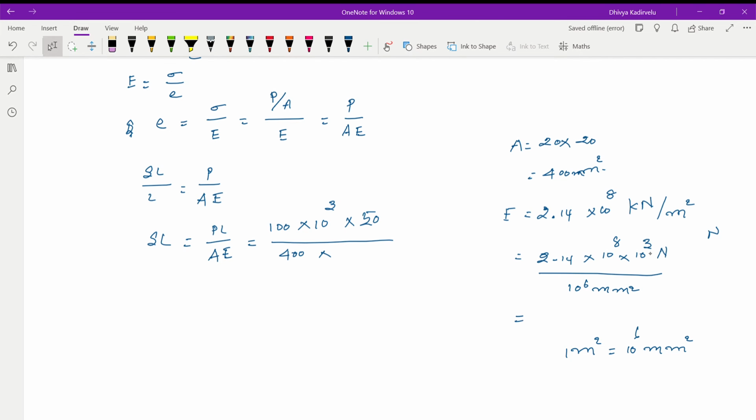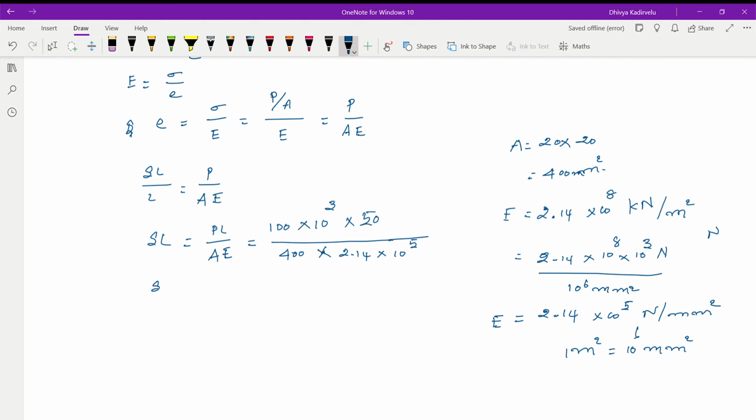On simplification I will get 2.14 into 10 power 5 Newton per millimeter square. So this is the E value in terms of Newton per millimeter square. I am substituting that value over here, 2.14 into 10 power 5 Newton per millimeter square. So in this equation all the values are substituted in terms of Newton and millimeter.